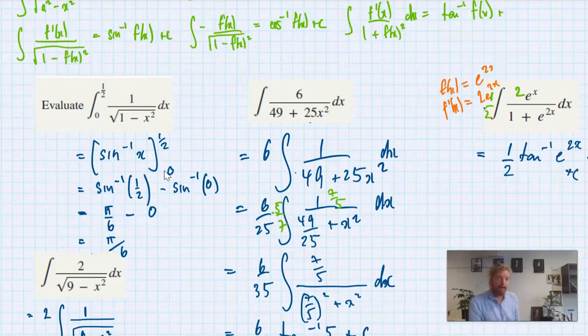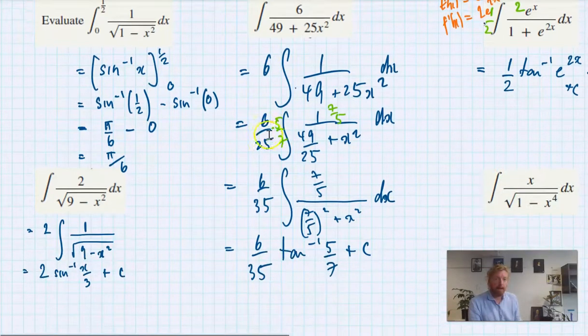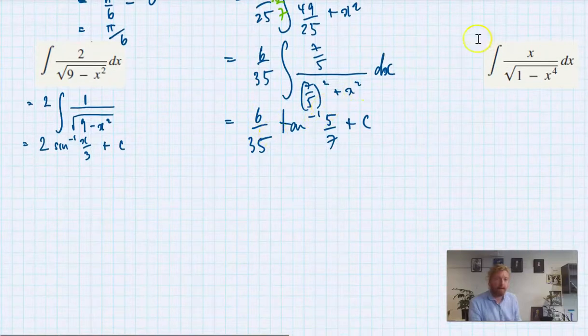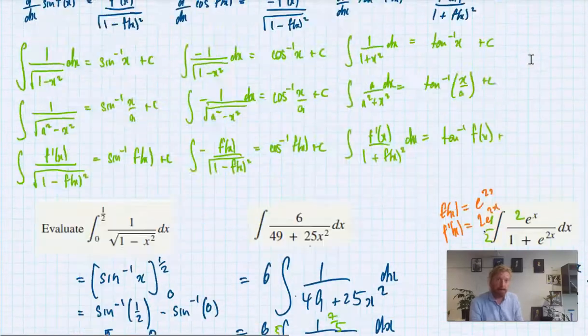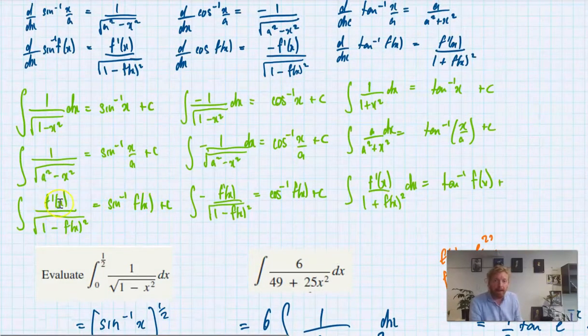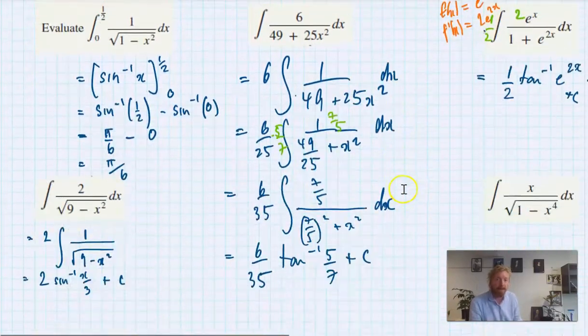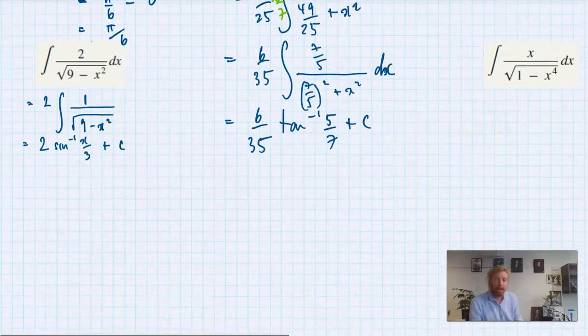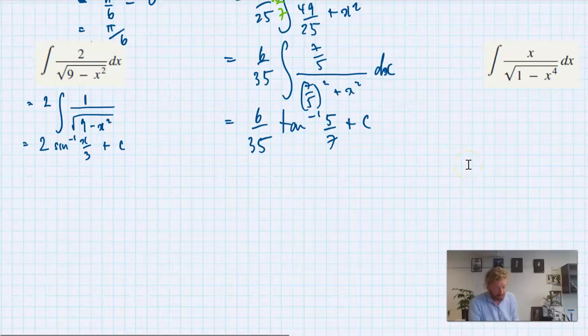This last question here is going to look like a sine or a cos. Again, I want that f dash x on top. I can do a substitution, but I'm not going to write all that out because I just want it in that form.